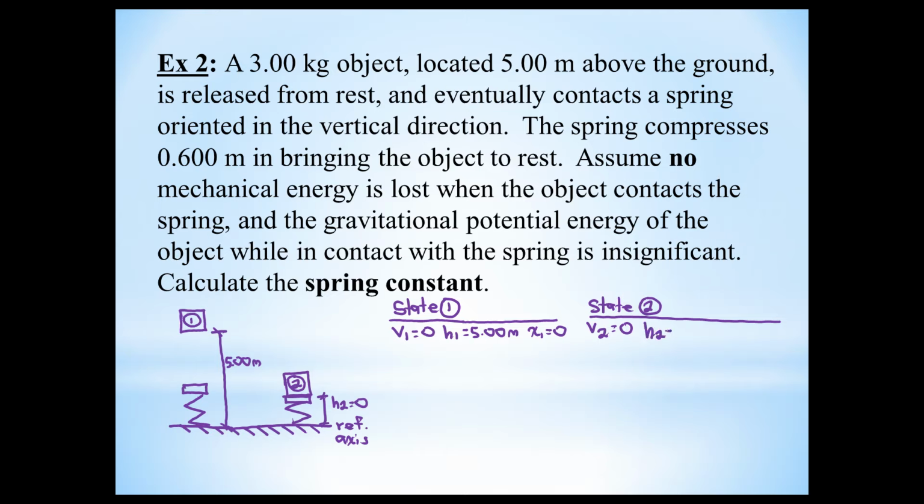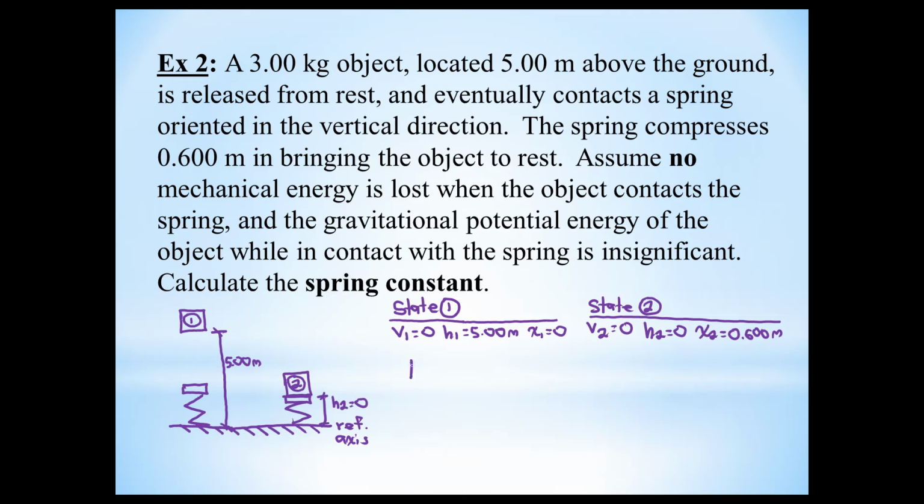So we'll assume the spring is compressed to the point where the object's pretty much on the ground. And it tells me how much the spring is compressed by. It compresses 0.600 meters.